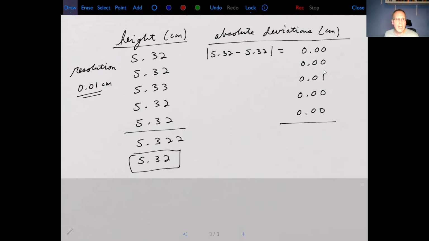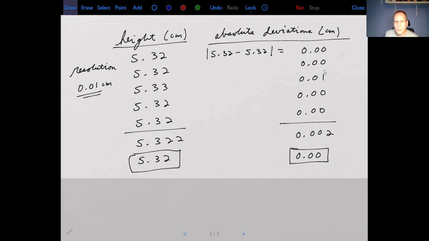The next step was to average all those absolute deviations. If I average these, I'm going to get 0.002. But then I have to round to the resolution of the instrument. That's always important. In this case, it's 2 decimal places again, so I'm going to get 0.00.